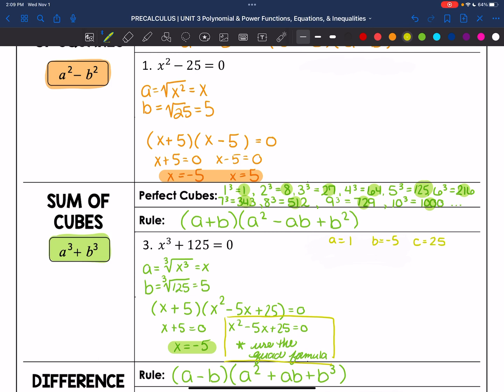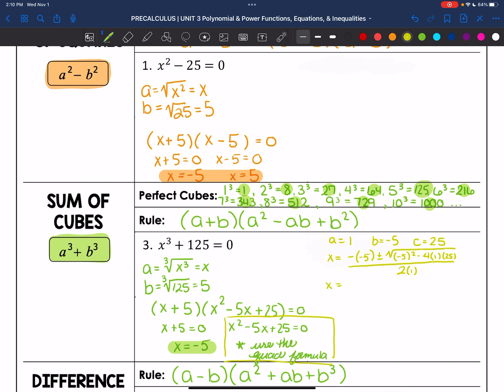Now we're going to plug those into our quadratic formula. Our quadratic formula is the opposite of b plus or minus the square root of our b value squared minus 4 times a times c, all over 2 times our a value.